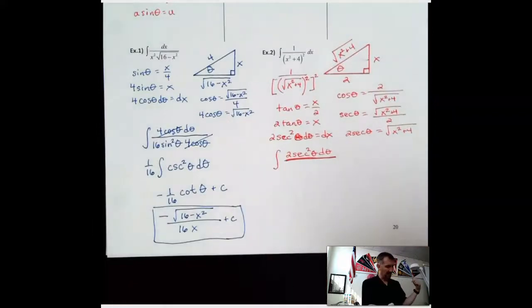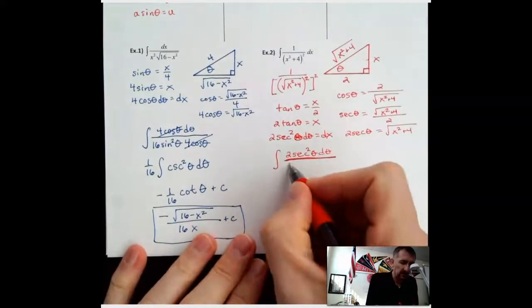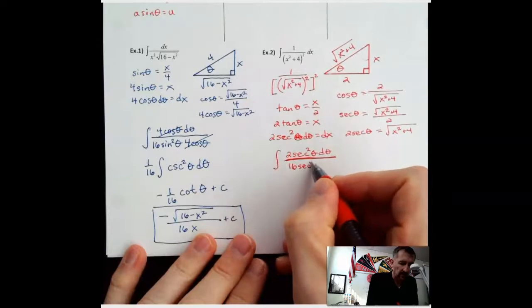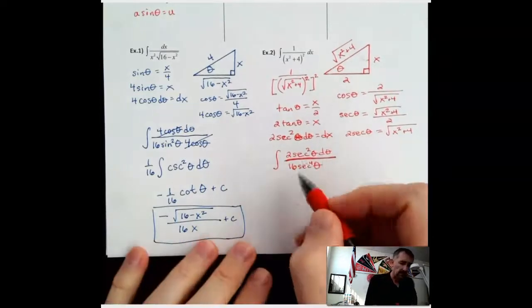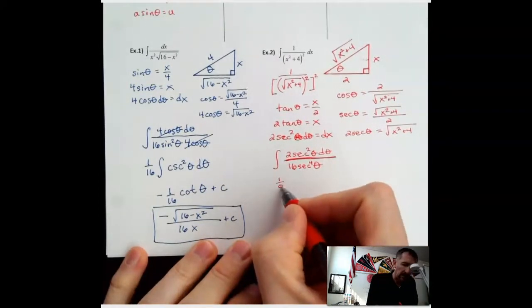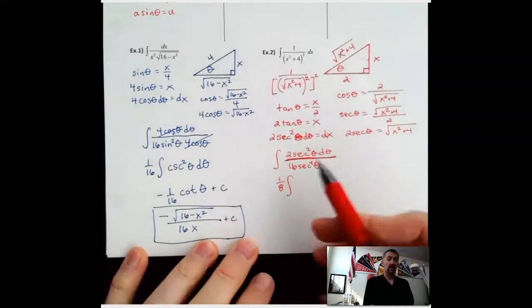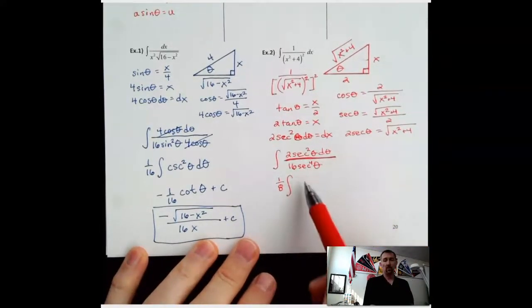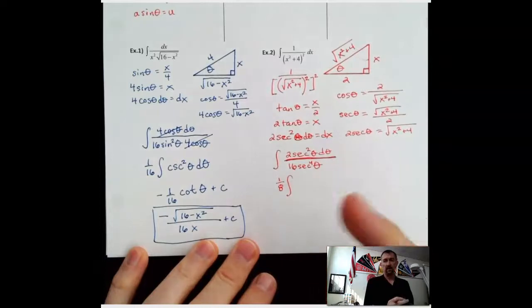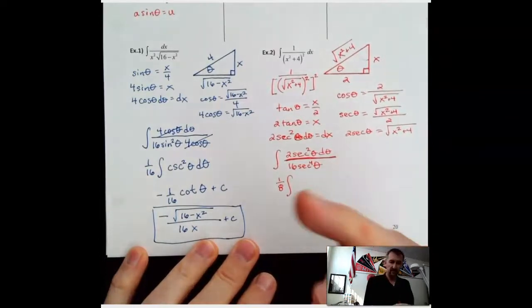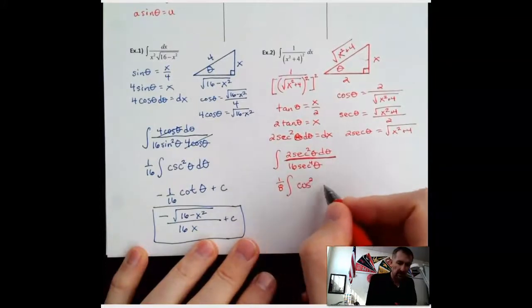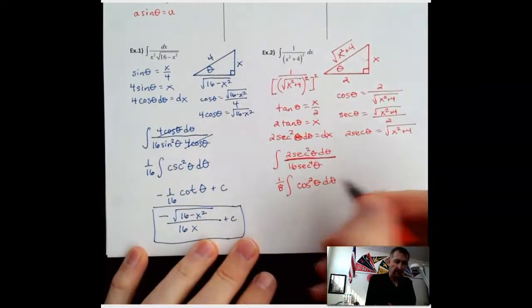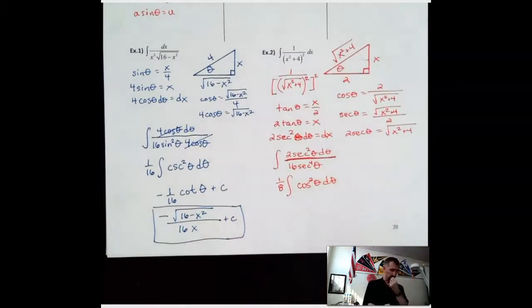And if we square that, we get 16 secant to the 4th. Okay? Now if we reduce this, we're going to get 1/8, and we have 1 over secant squared. But 1 over secant squared, we can take the reciprocal of that, because the reciprocal of secant is cosine. So we would have cosine squared, like so.